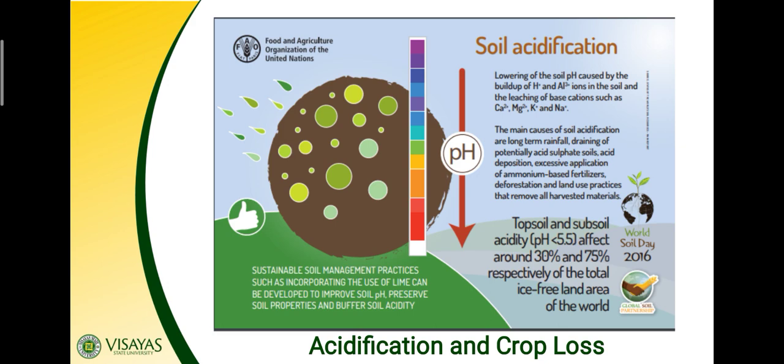Then, another effect of soil pollution are soil acidification and crop loss. So the improper application of fertilizers, especially those containing phosphorus and nitrogen, can lead to acidification and crop loss. Acidification is a factor that may contribute to further soil pollution by mobilizing heavy toxic metals.